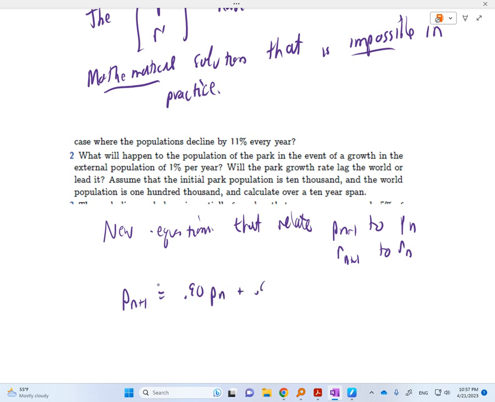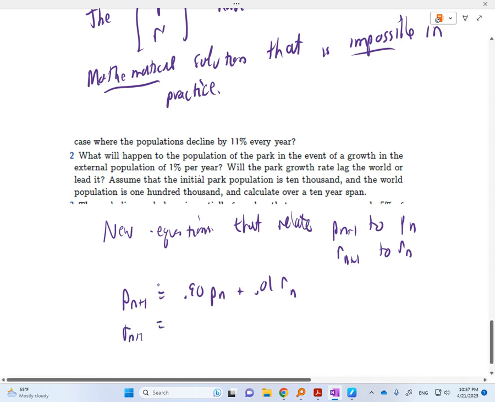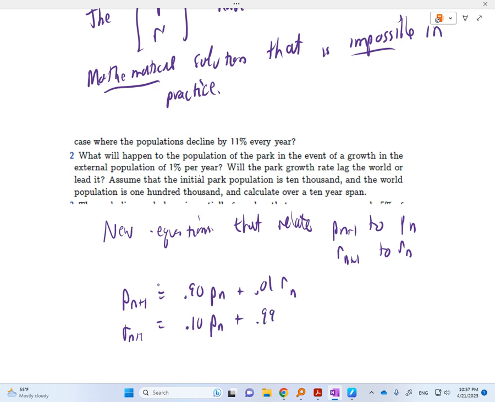We still have 1% coming from outside. For Rn plus 1, we still have 1%. Let's see. We still have 10% coming from the park. And we still have 99% going to the park. Okay. Did I do that right? Yes. 99% remaining in the park.